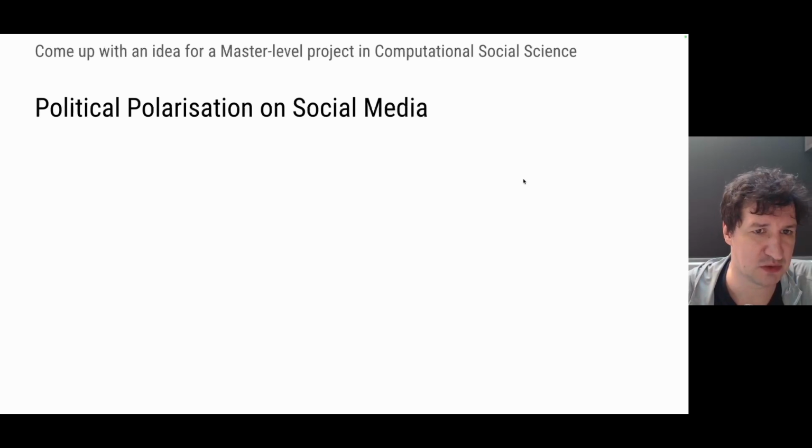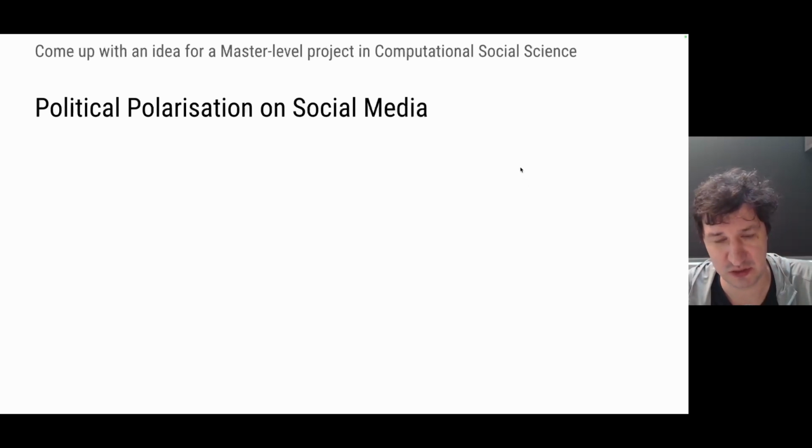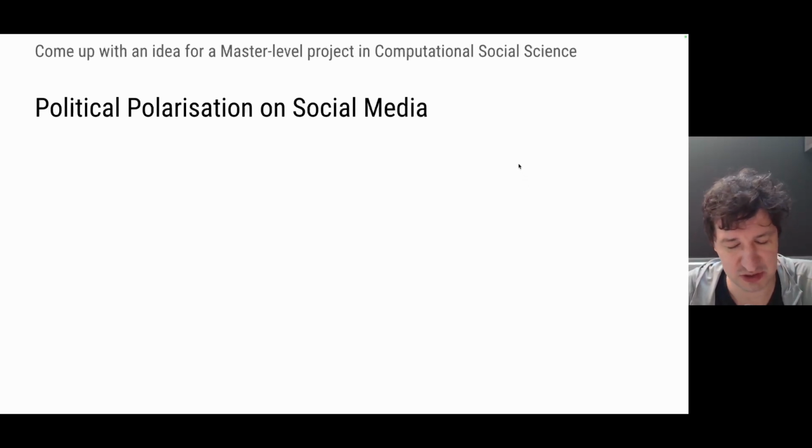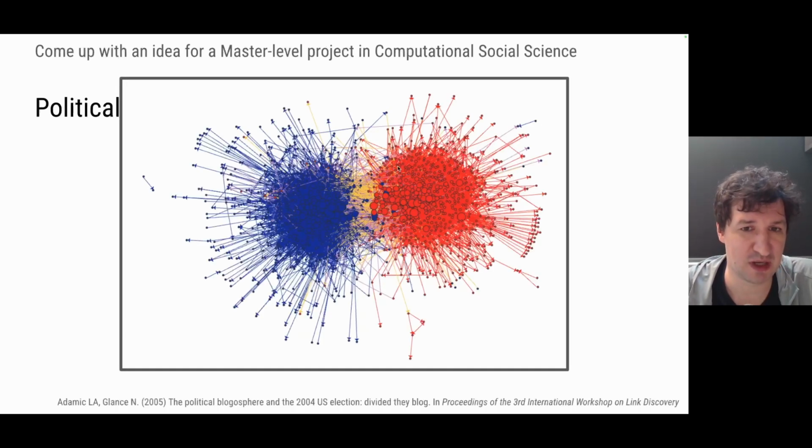Its first response was something about political polarization on social media, and that's arguably the most boring possible question in our field, because one of the very first papers in our field was actually about political polarization on social media.